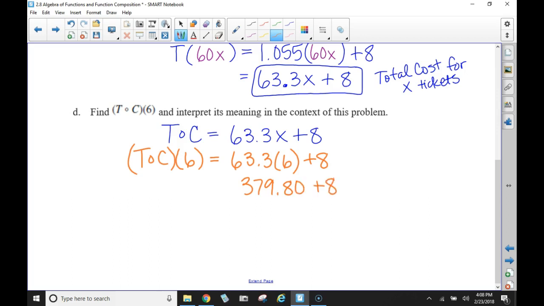Once we add the processing fee to that, 6 people can go to the show for $387.80. All right, so the meaning in the context of the problem is that is the total cost, including taxes and fees, to purchase 6 tickets.